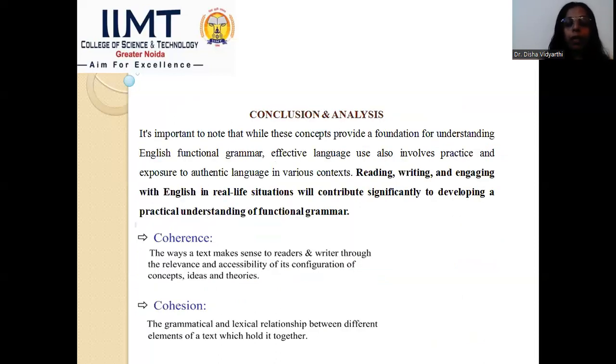Now, to sum up, as we started the session with the basic differences between traditional grammar and functional grammar, it is important to know that while these concepts provide a foundation for understanding English functional grammar, effective language use also involves practice and exposure to authentic language in various contexts. Reading, writing, and engaging with English in real life situations will contribute significantly to developing a practical understanding of functional grammar.